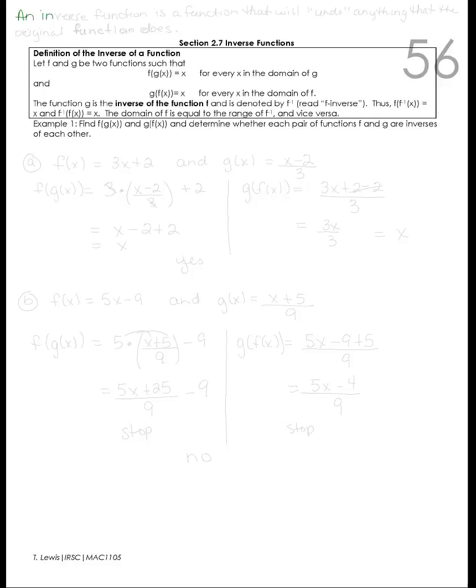An inverse function is a function that will undo anything that the original function does.